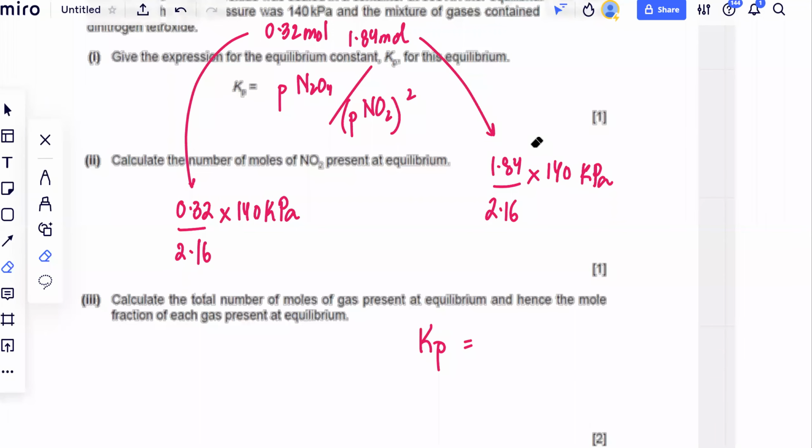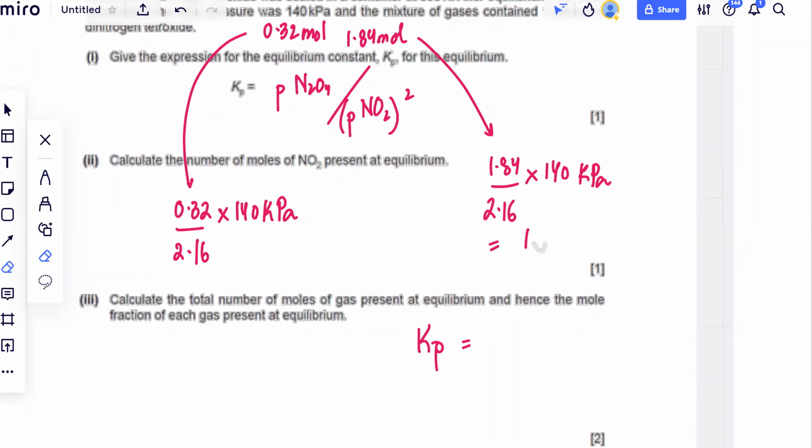119260. Pascals or kilopascals? You don't have to convert it into pascals. Whatever answer you get, the unit is now kilopascals for this. So just multiply it by 140. 119.3.